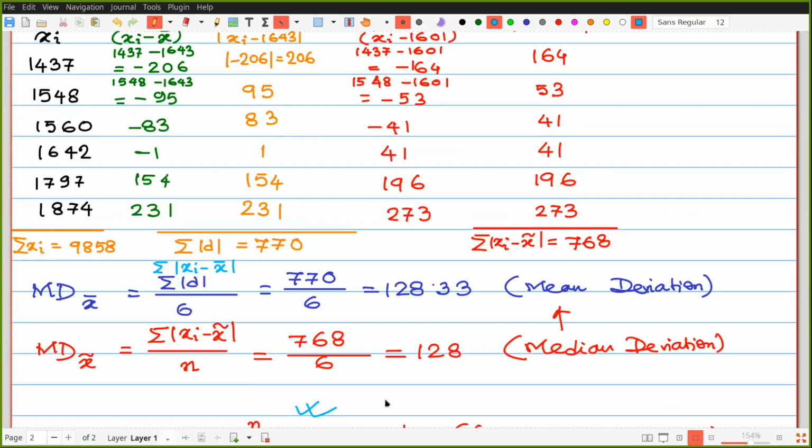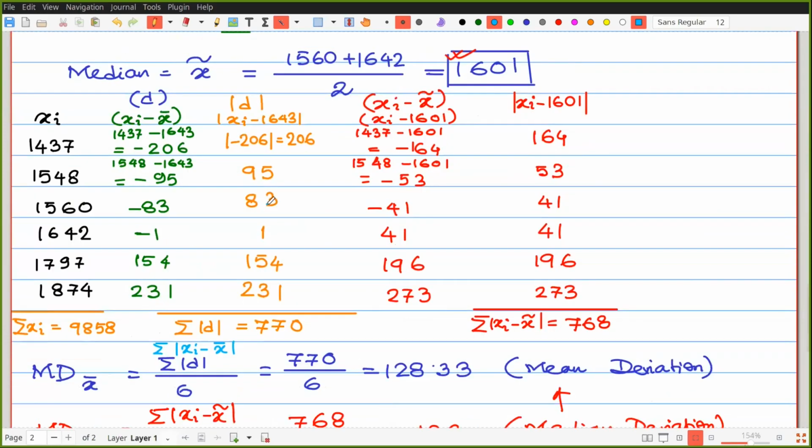Finally, one thing we have to remember: look at the second column, the column of deviations of each and every item from the mean. If we add those, minus 206, minus 95, minus 83, minus 1, plus 154, plus 231, the sum must be 0.